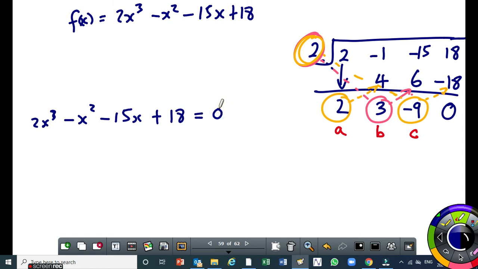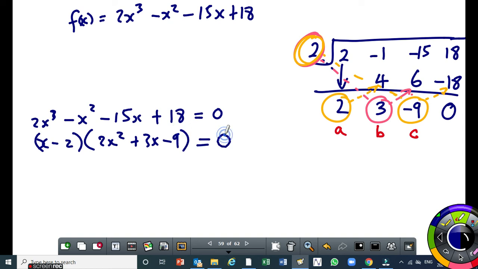I can factorize it. Remember here I'm solving for x, I'm not just factorizing. So x minus 2 times 2x squared plus 3x minus 9 equals 0. Now I need to factorize this trinomial.